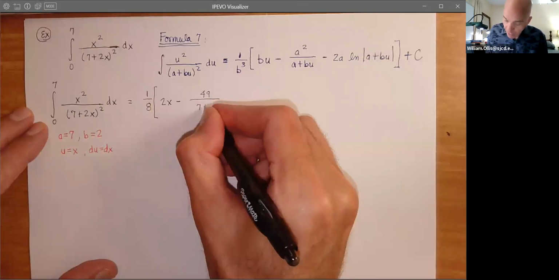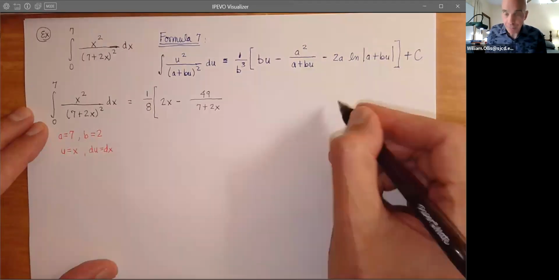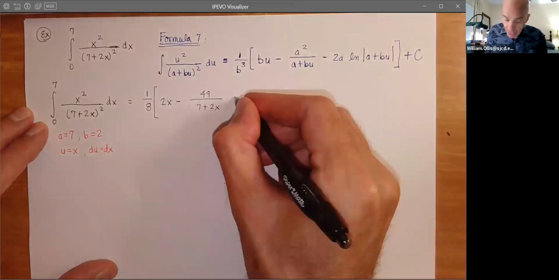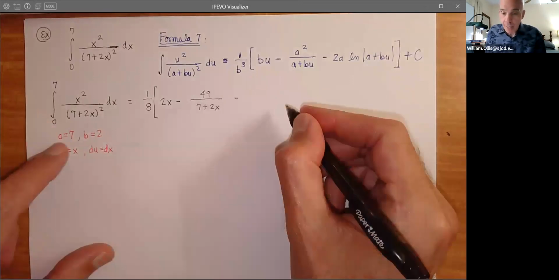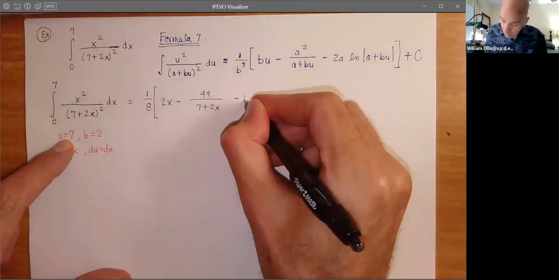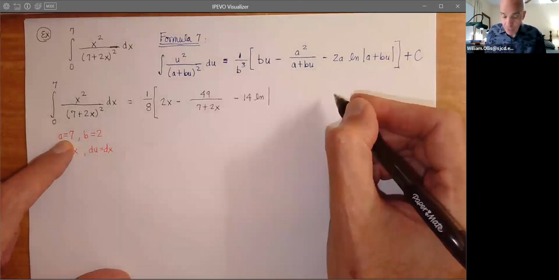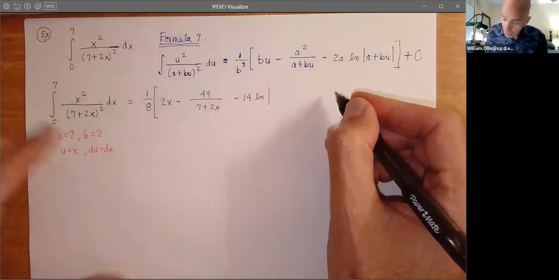So there's just a lot of bookkeeping here, not very difficult. Minus, now we have 2 times a, so that will give us a 14, 2 times 7, natural log, and then of course a plus bu, which is 7 plus 2x.